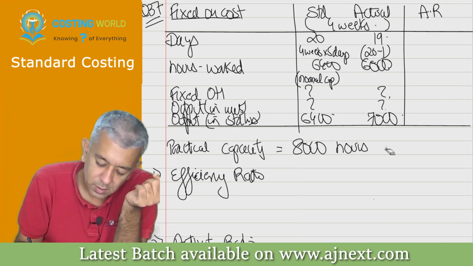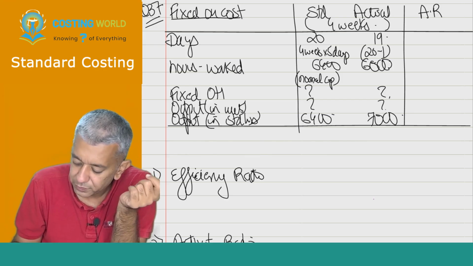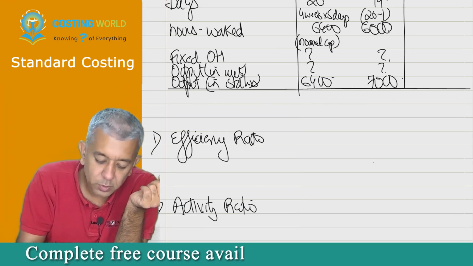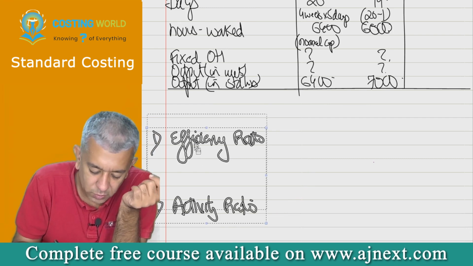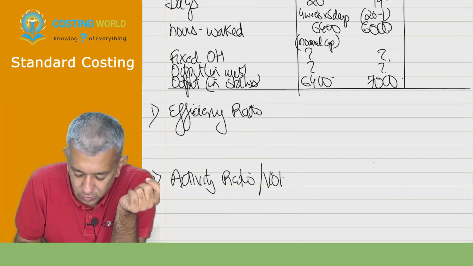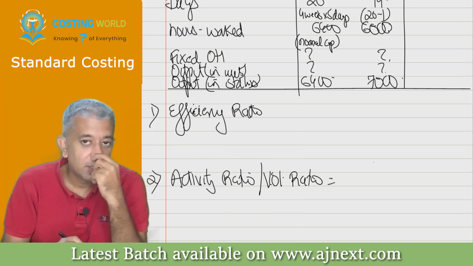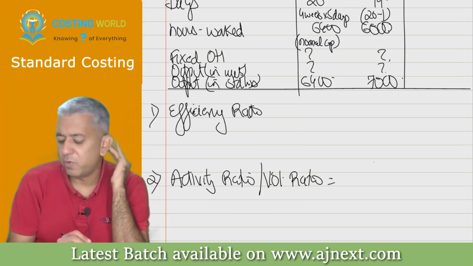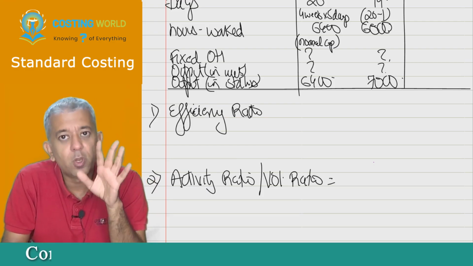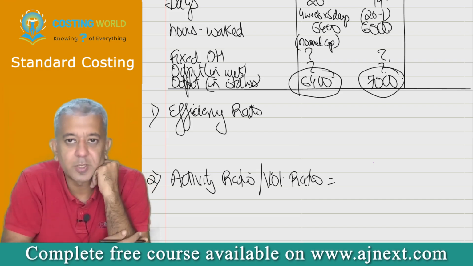Then, I don't require practical capacity now. Further, two things. Activity ratio, I am doing first. Activity ratio is actually your volume ratio only. Now, tell me. If I was doing volume variance, you should have produced this much output, you produced this much output.